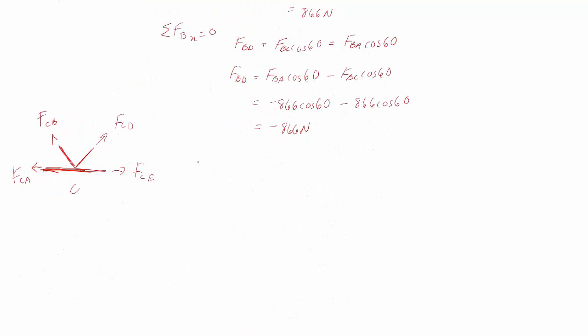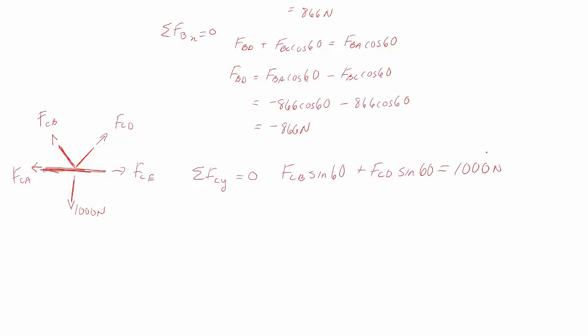I'll do the vertical first. So the sum of forces at CY is equal to 0. So FCB sine 60. Oh, actually, and I forgot. I got the reaction. This 1,000 newtons down here. Okay. FCB sine 60 plus FCD sine 60 is equal to 1,000 newtons.